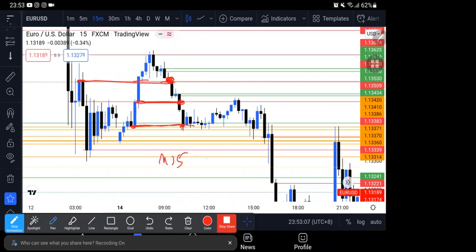M15, M30. If M15 breaks the M30, then we're going to find the re-entry. So if we enter over here, we're going to look at the M30 key level.